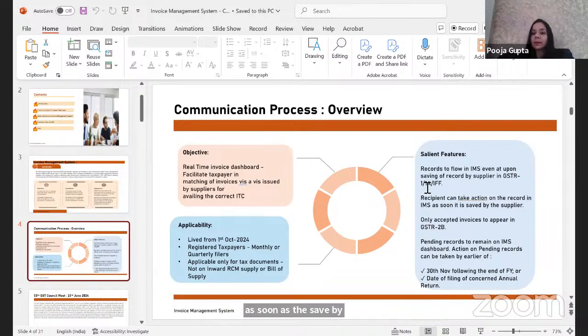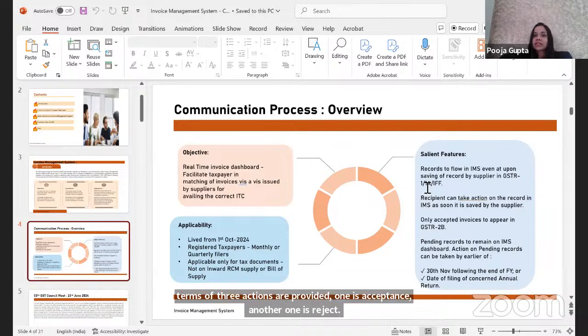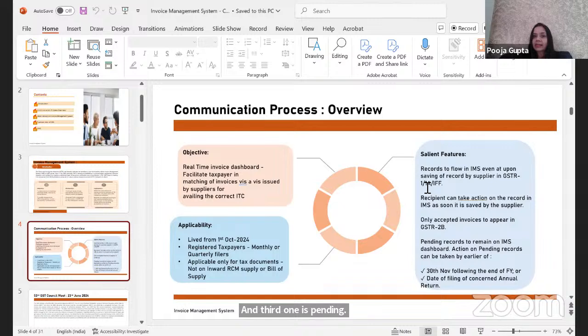Now the recipient has to take action on the invoices saved by the supplier. Three actions are provided: one is accept, another is reject, and the third is pending. The recipient either has to accept, reject, or keep it pending for future action.